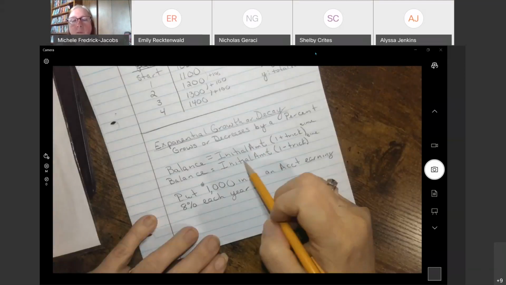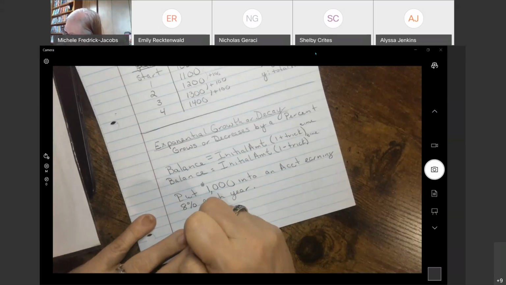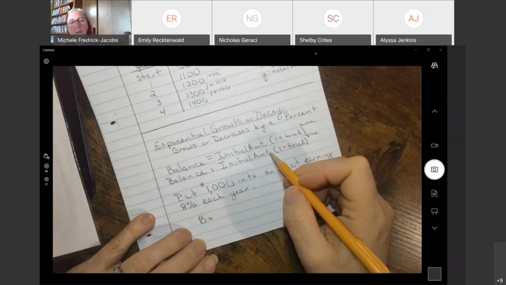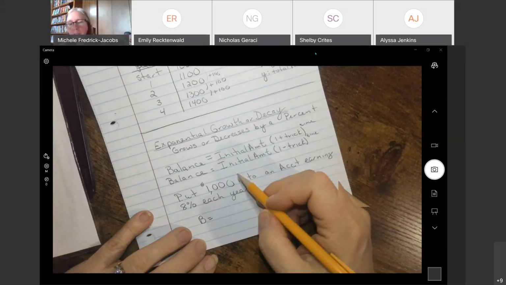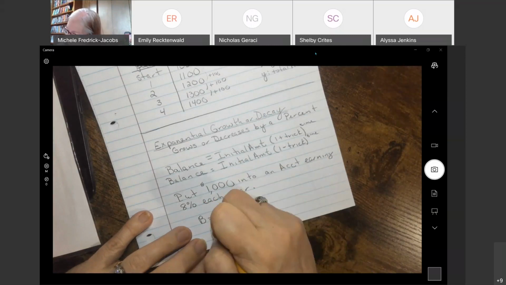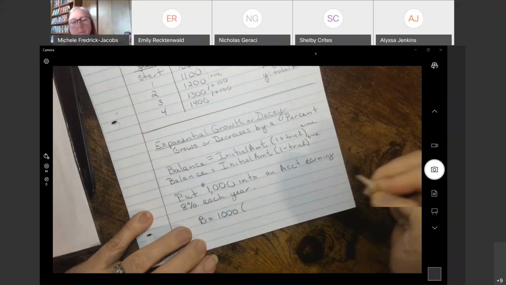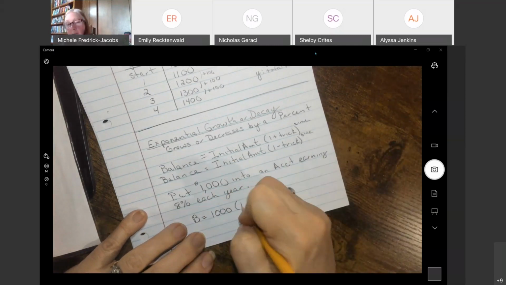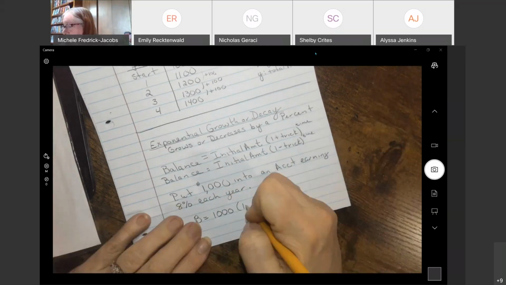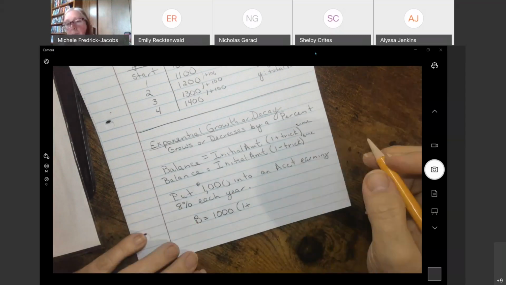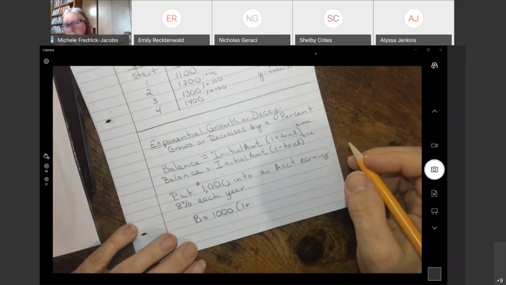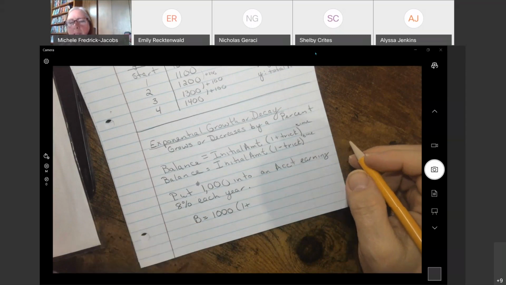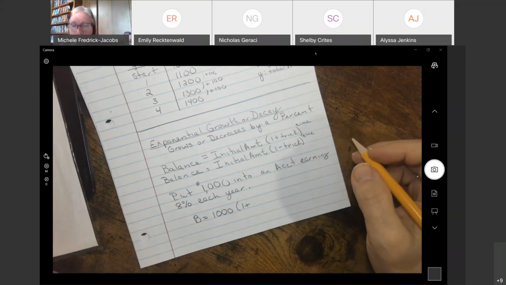And you just use this. So I'm going to put B for balance. Initial amount, starting amount, we're starting with $1,000. It's an increase of 8%, so we're going to add. Remember, you have to put your 8% as a decimal.